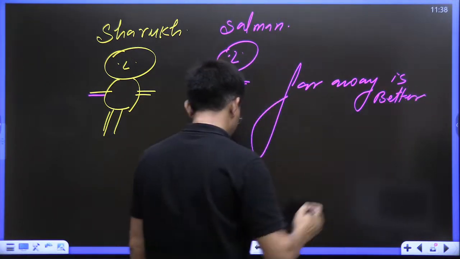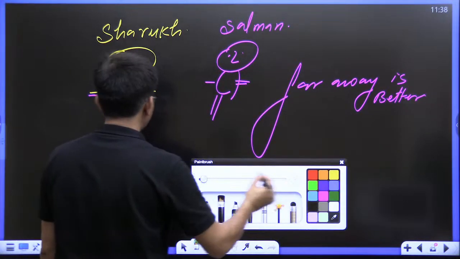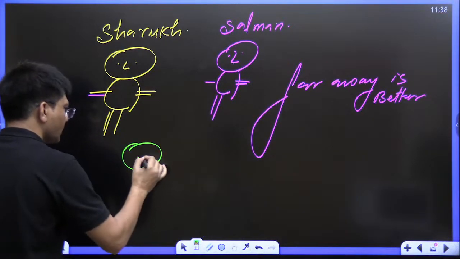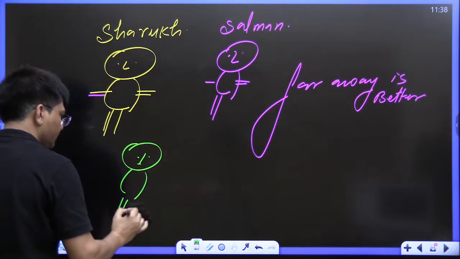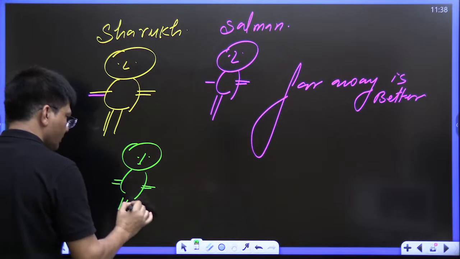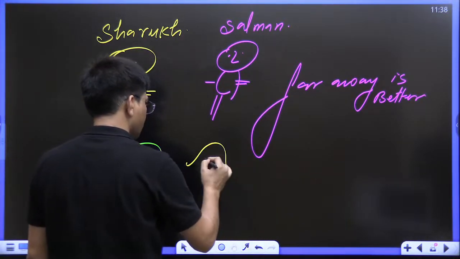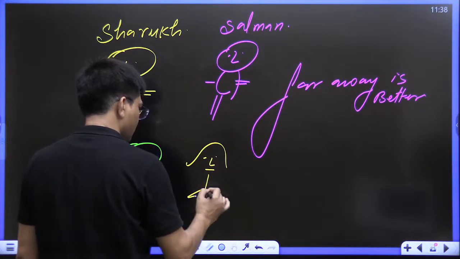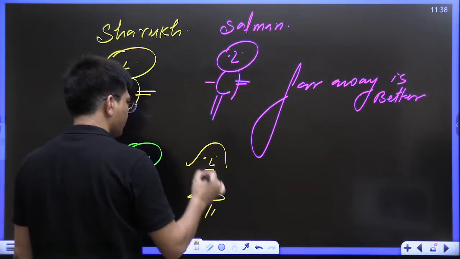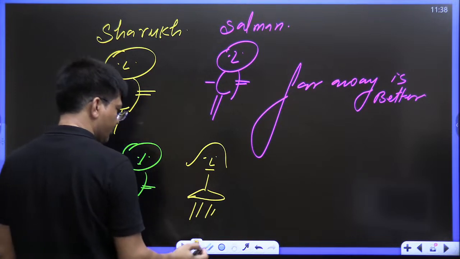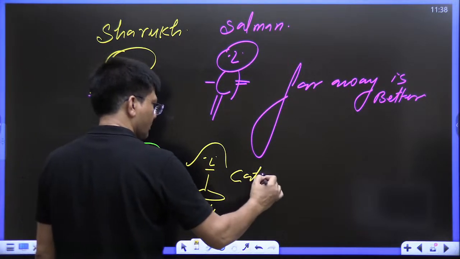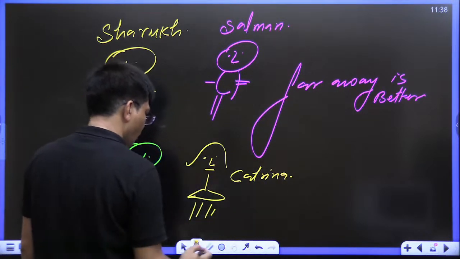Now if I say this is Vicky, and this is Katrina, Vicky and Katrina, what is better?